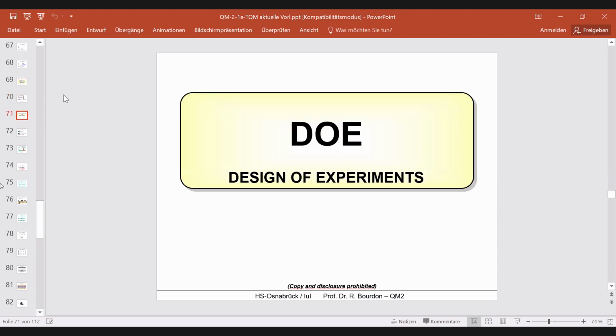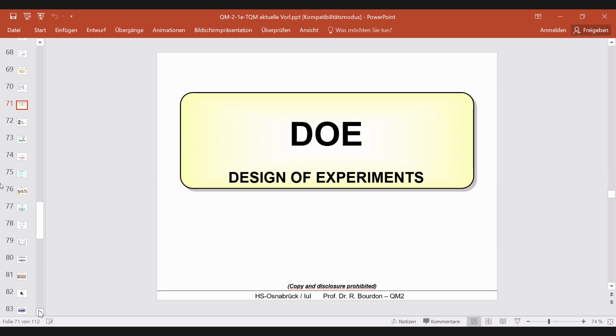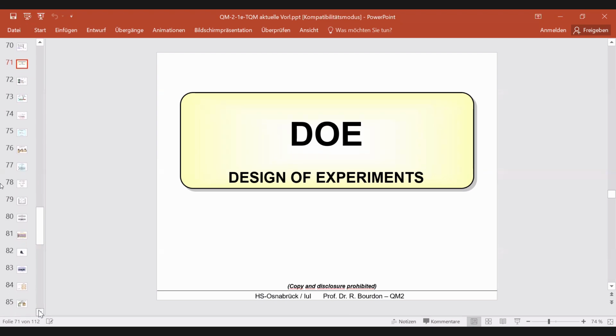Okay, so much about statistical process control, SPC. Another TQM method, which is a very powerful tool for process analysis and optimization, is DOE, design of experiments.